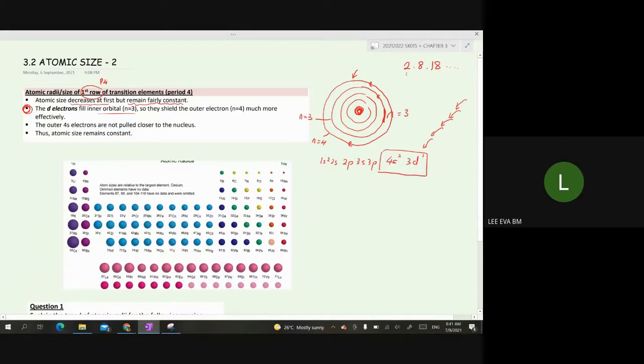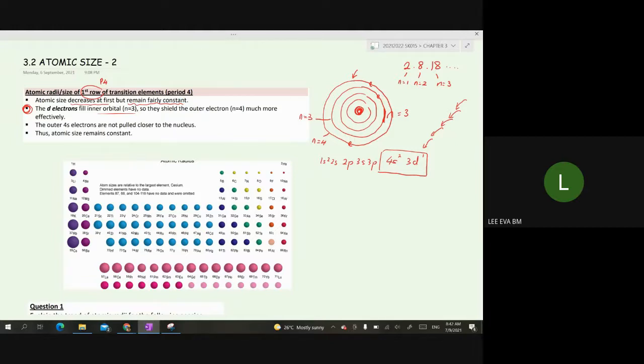So that means n equals 1 can fit 2 electrons. n equals 2 can fit 8 electrons. That means 2s2, 2p6. And then for your n equals 3, your third energy level, you have 3s, 3p, 3d. So the maximum number of electrons you can add is 18 electrons.